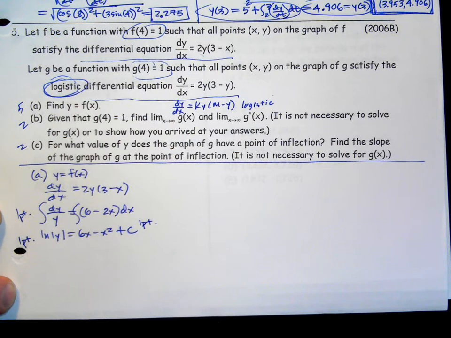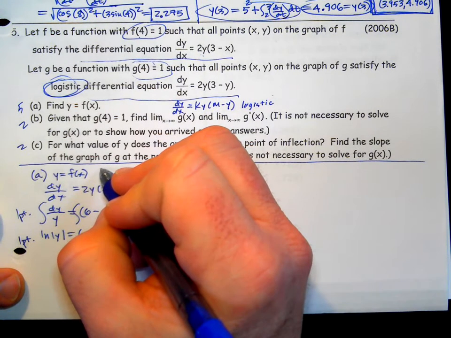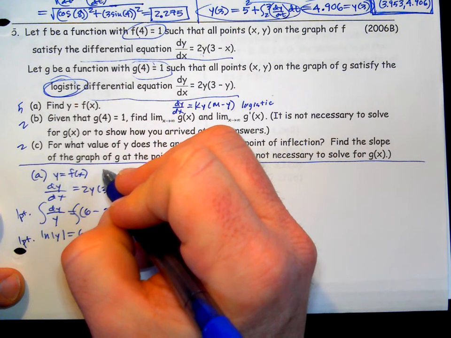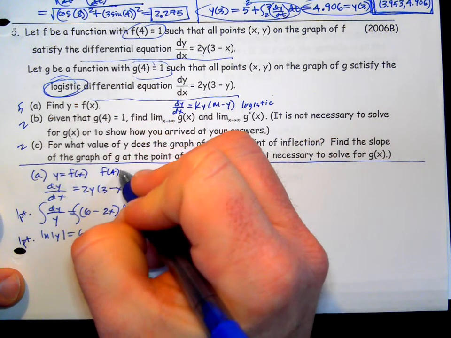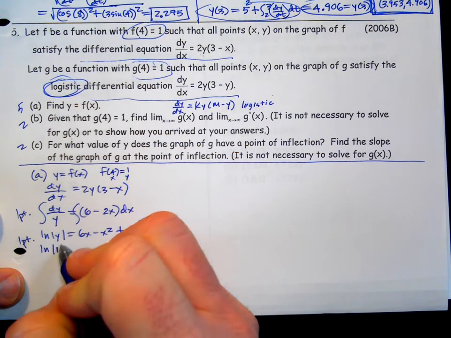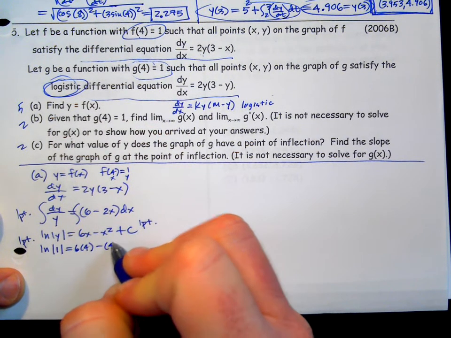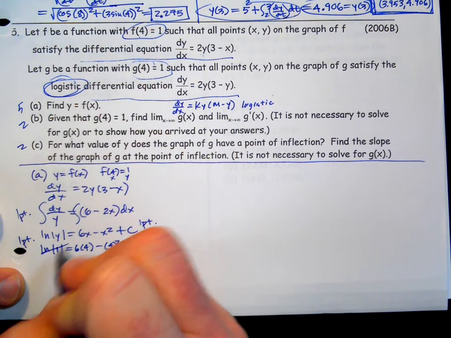Now we're going to find the c value. That's another point. So we were given an initial condition. They said that f(4) equals 1. So that's your x and your y. So natural log of 1, and for y, 6 times 4 minus 4 squared plus c. Natural log of 1 is 0.